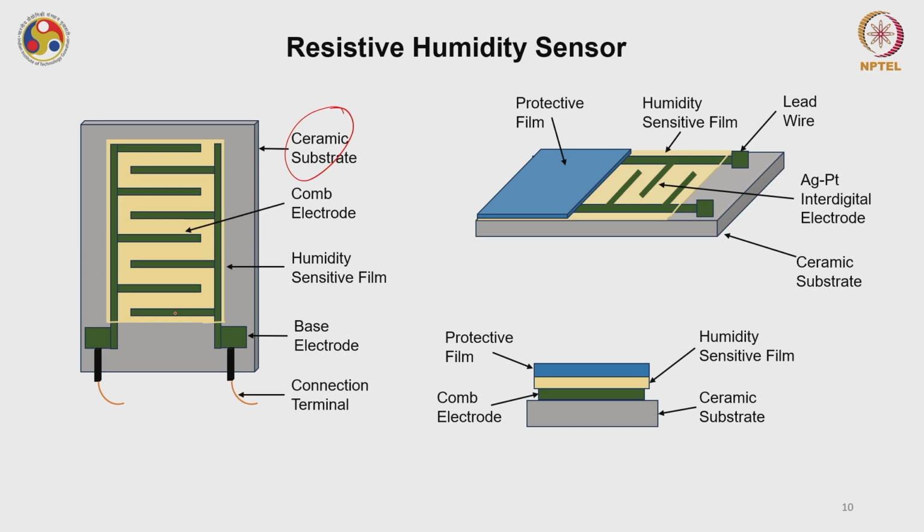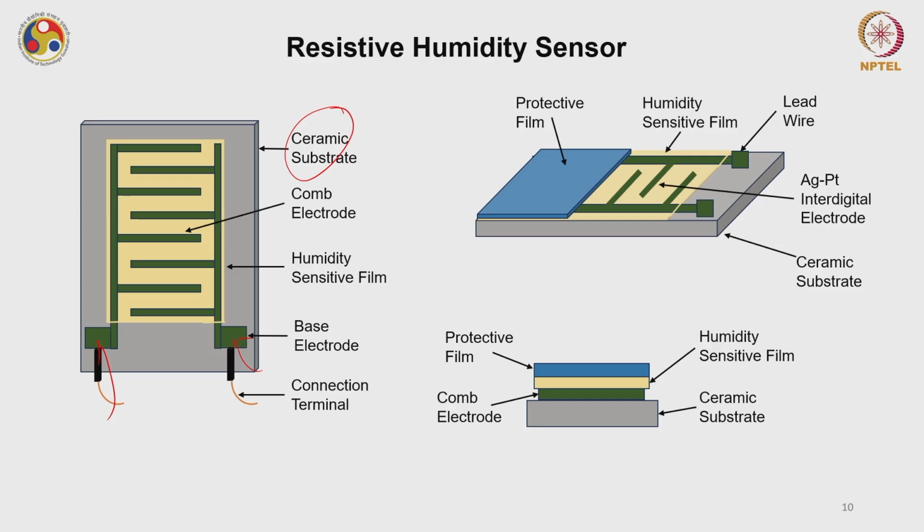This is the base electrode and the probing points where you actually probe your device. Usually this comes with a humidity sensing film, and sometimes you also use a protective film to protect your humidity sensing film. The electrodes are usually silver, platinum, or gold. Usually you avoid using aluminum and other materials.